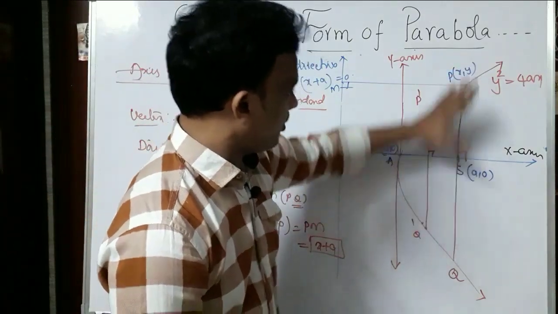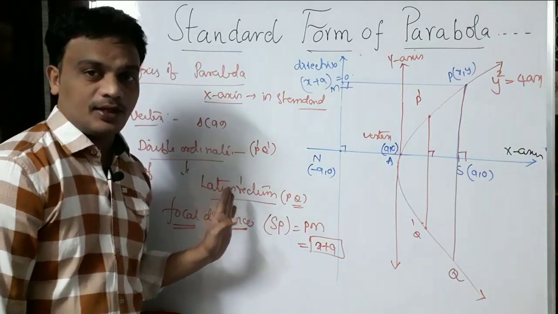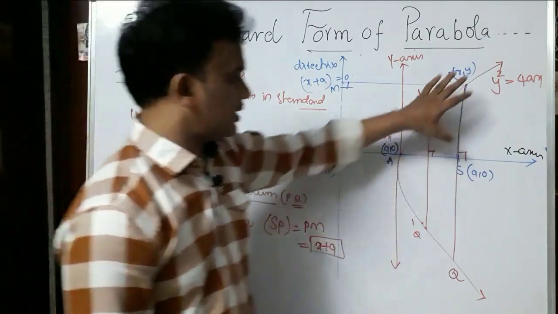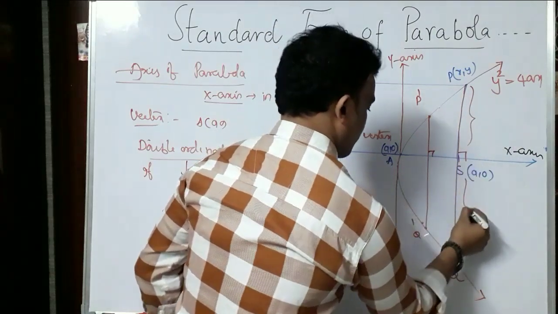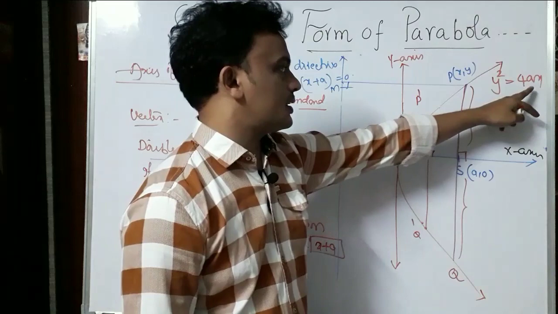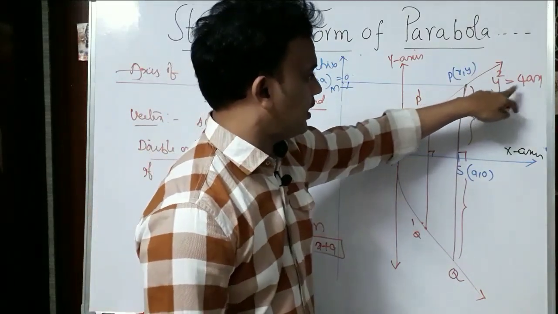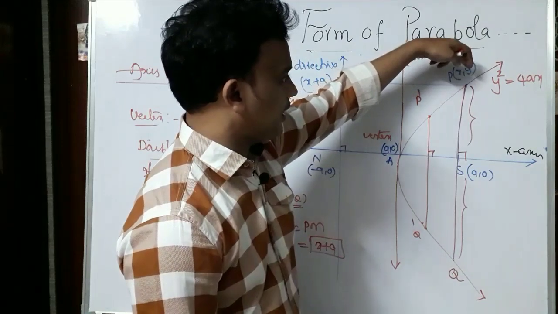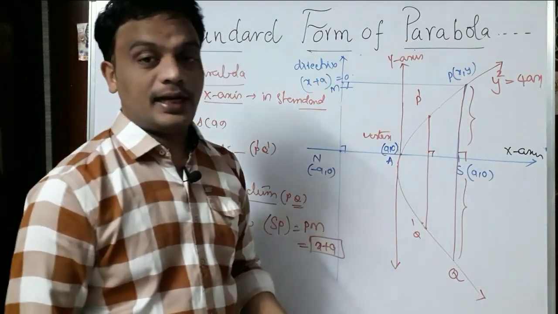Can you say what is the length of the double ordinate? I mean, what is the length of the latus rectum? Here the parabola is y square equals 4ax, and P (x, y) is any point on it. Now I am going to find the length of the latus rectum.